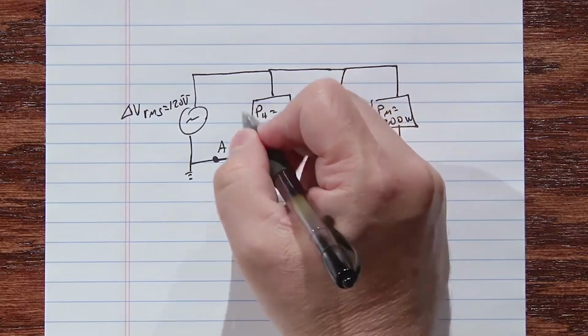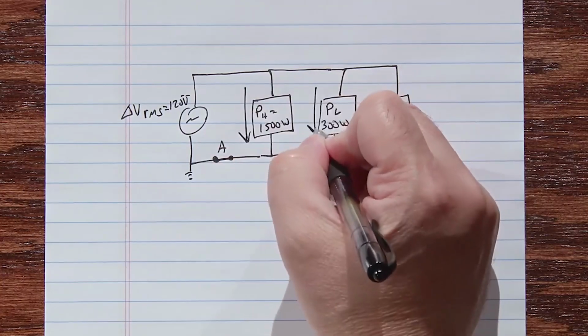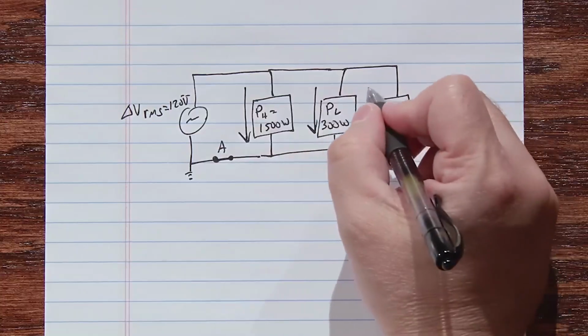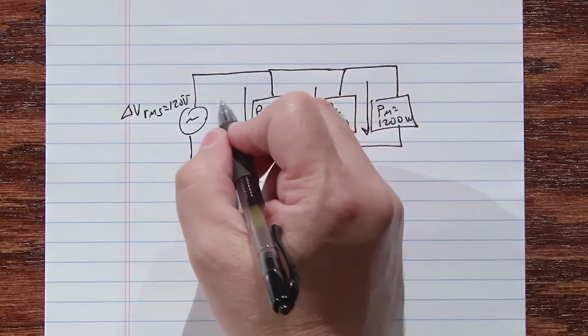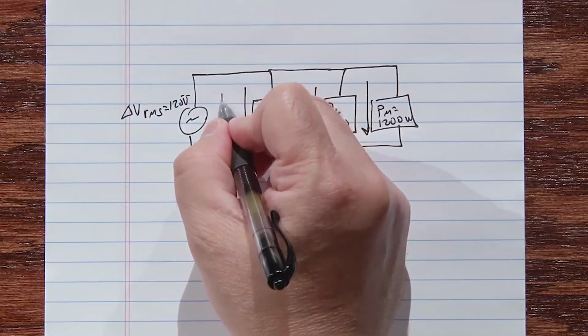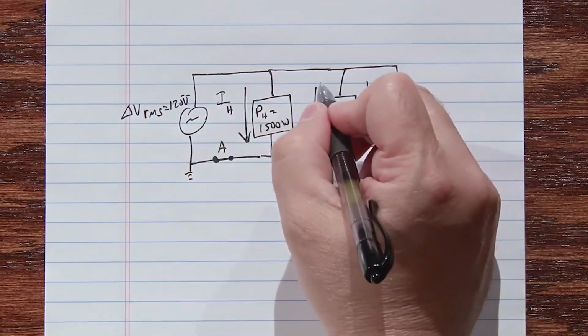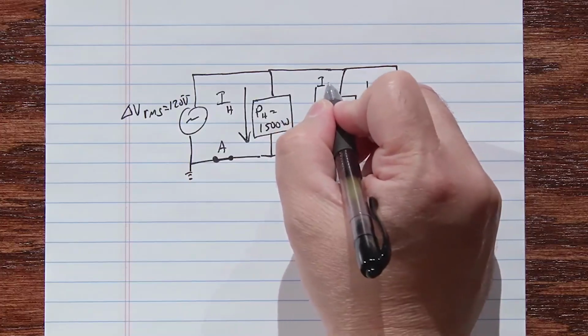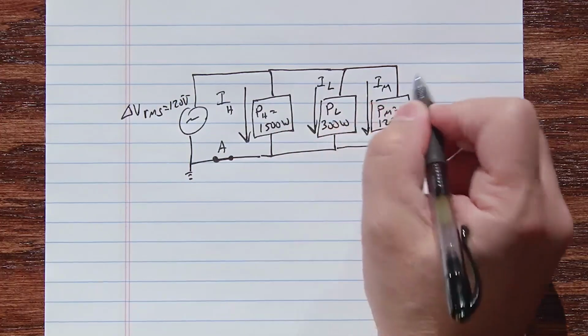Now when each of these is plugged in, some current flows from the hot wire to the neutral wire. And so that would be I heater, I lamp, and I microwave.